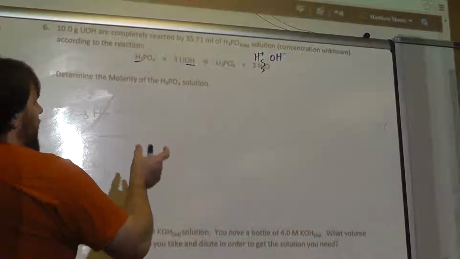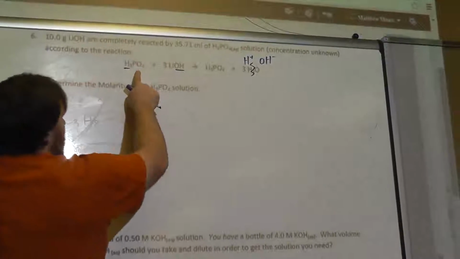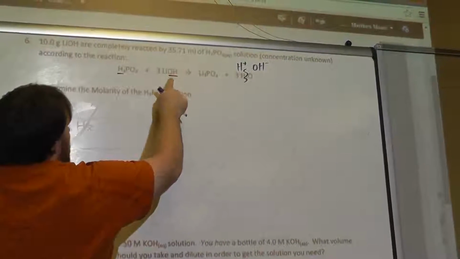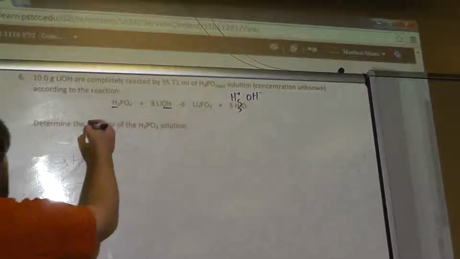So when you have polyatomics there, you balance by the polyatomics. So 1 phosphate, 1 phosphate. 3 hydroxides, 3 hydroxides. Okay? So that is balanced. So then we're asked to find the molarity here of the phosphoric acid solution.